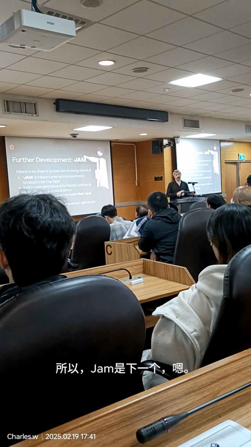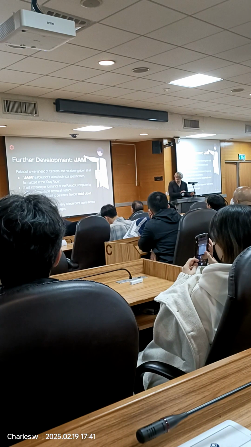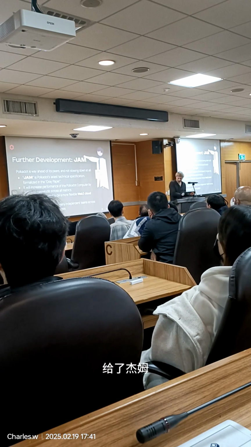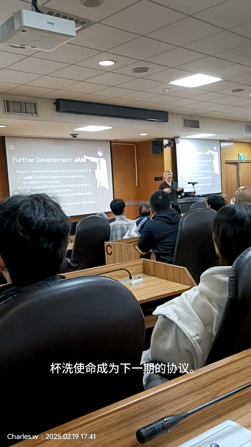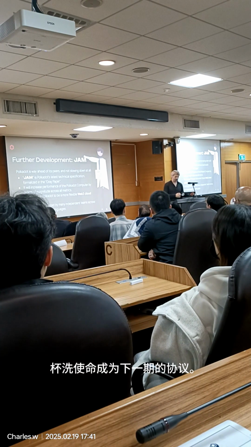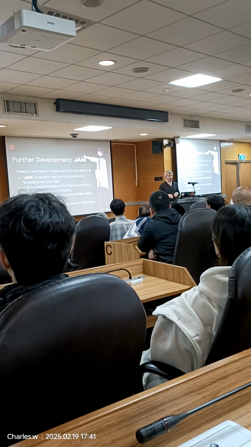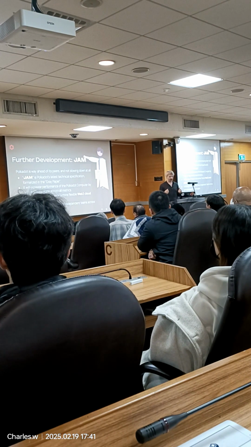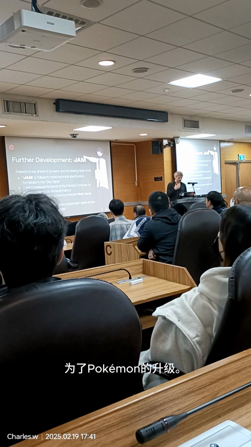So JAM is the next Polkadot protocol. Polkadot governance essentially gave JAM carte blanche permission to be the next Polkadot protocol. This was voted on by quite a lot of people, and it has now been specified, in a decentralized fashion, as the upgrade path for Polkadot.